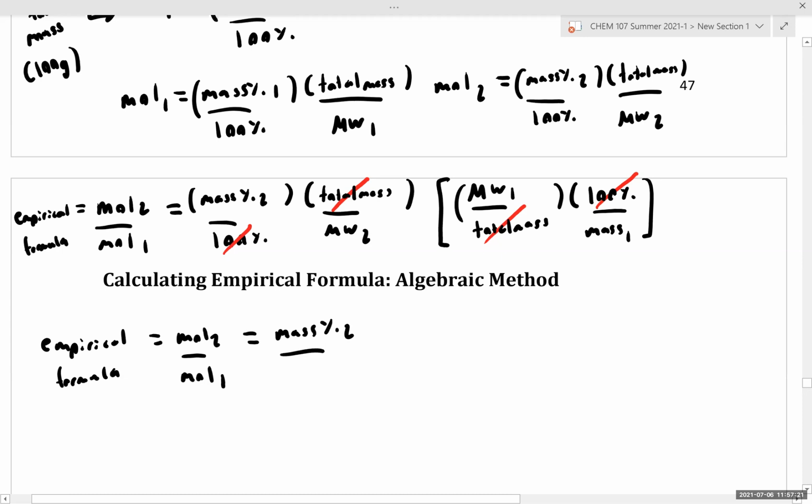And we see algebraically that we can calculate our empirical formula by taking the ratio of the mass percentage over the molar mass.